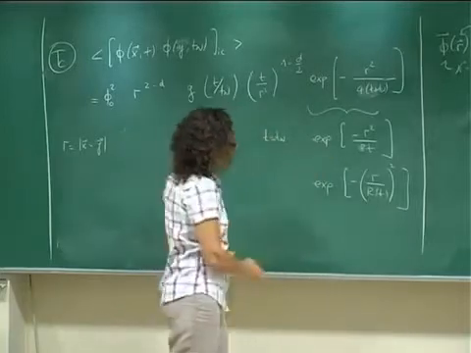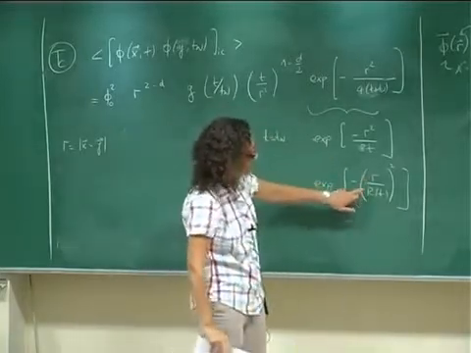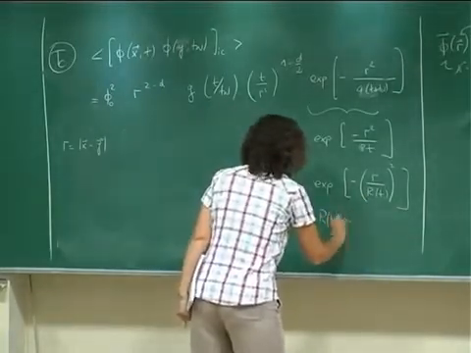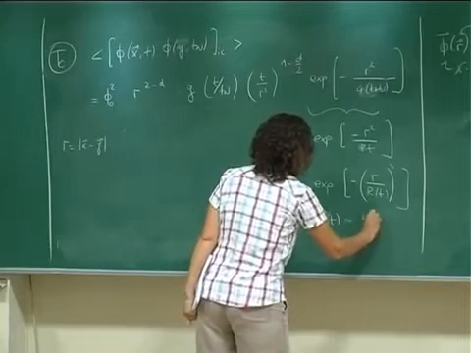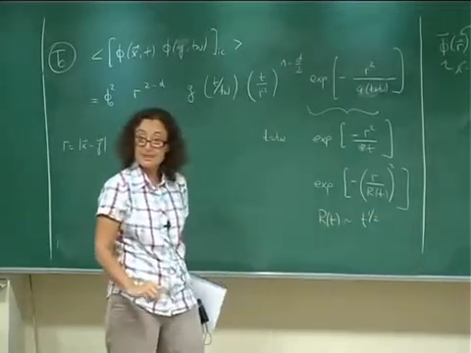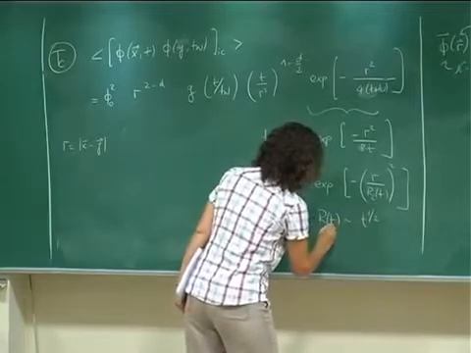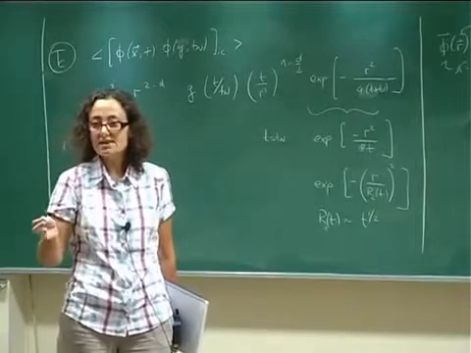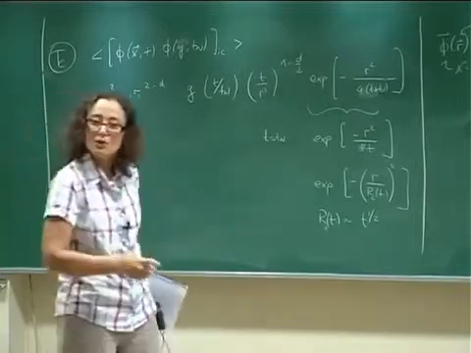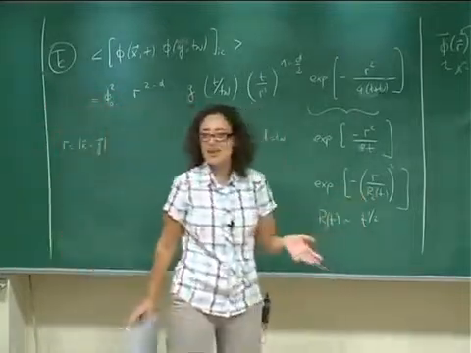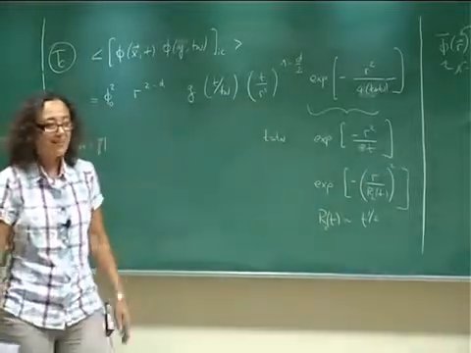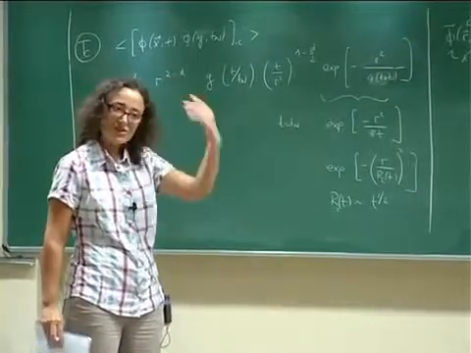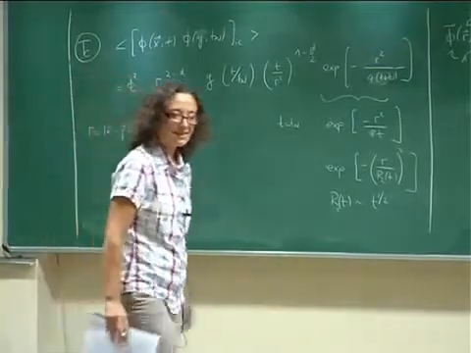I want this thing to be a function of a ratio between a length and a length. So what I read from here is that the dynamic length goes like the square root of t. If you want to match the dimensions, you may have a constant, but I'm working in units such that length and time have the same dimensions, and then I forgot it. Yes. Exactly. It was divided away, the friction constant.